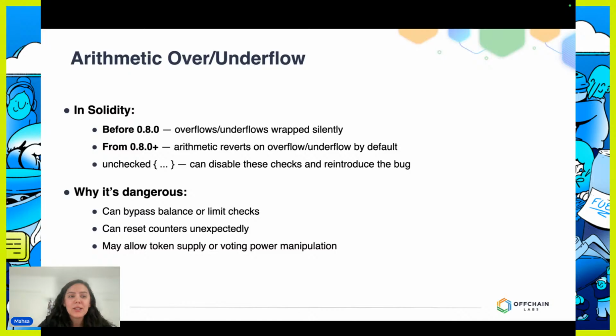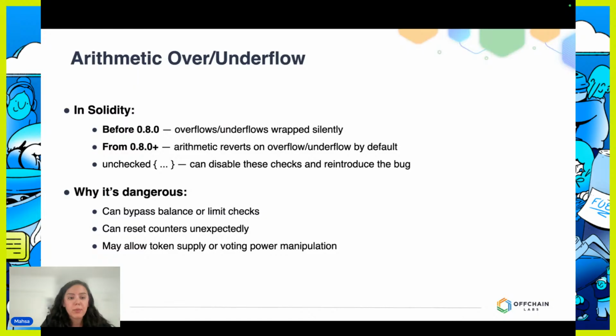How these arithmetic overflows and underflows behave really depends on the compiler version in Solidity. Before 0.8, underflows and overflows wrapped silently without the developer or contract even knowing. But it got fixed in 0.8, and now they are protected and revert by default.